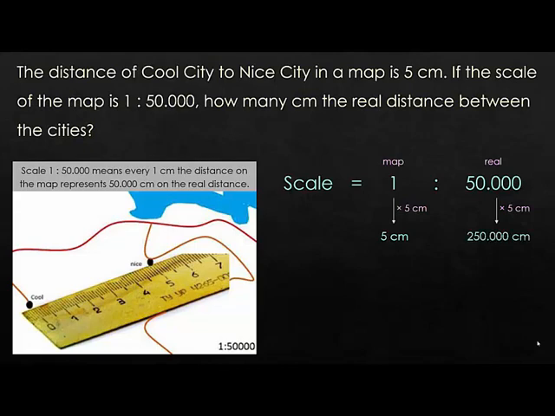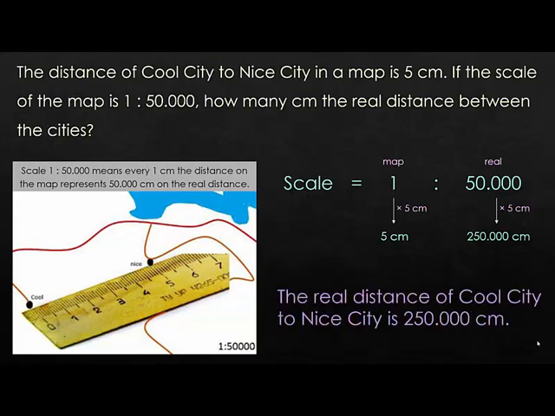So 50,000 times 5 centimeters equals 250,000 centimeters. So the real distance between Cool City and Nice City is 250,000 centimeters.